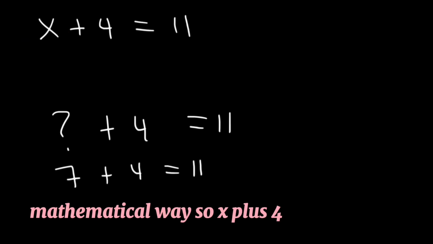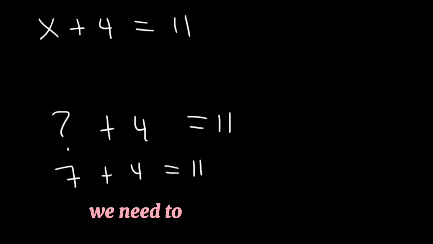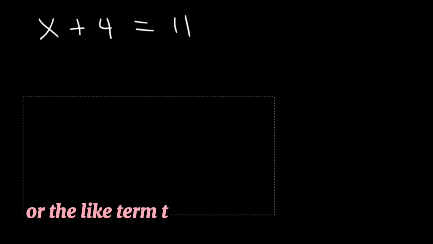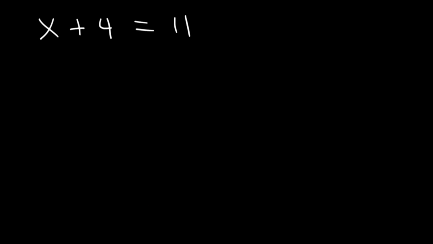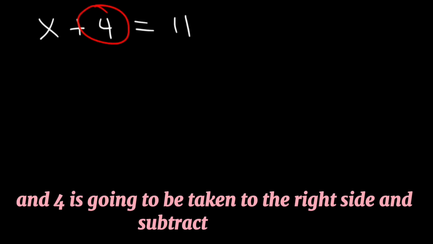So x plus 4 is equal to 11. We need to move the constant to the right side and subtract. So x should be left on the left side, and 4 is going to be taken to the right side and subtracted from 11.